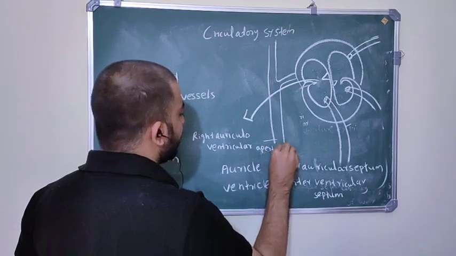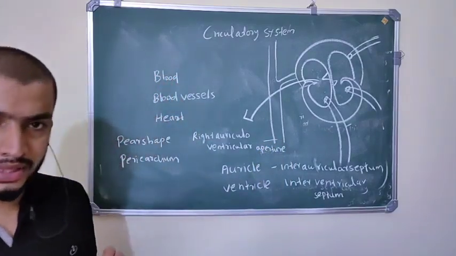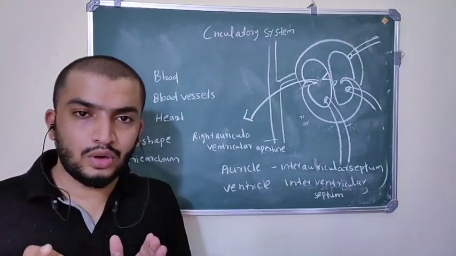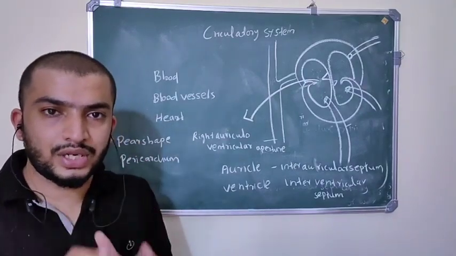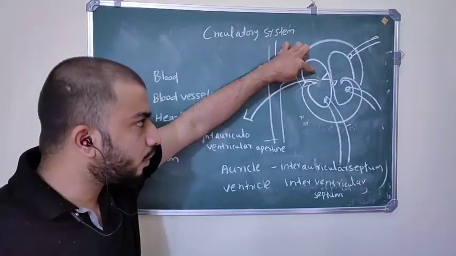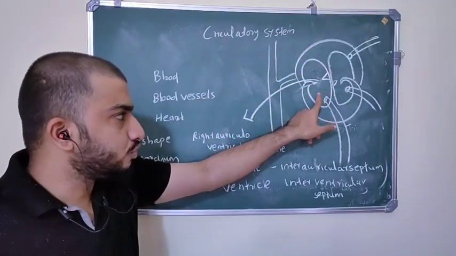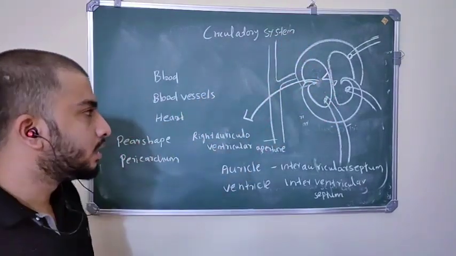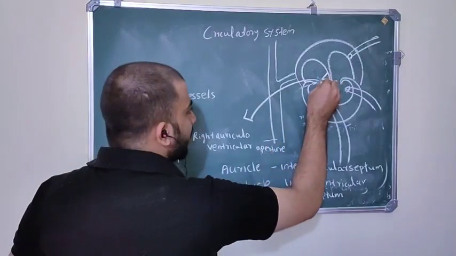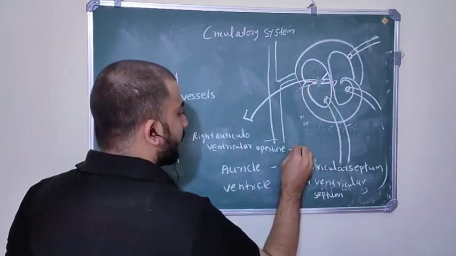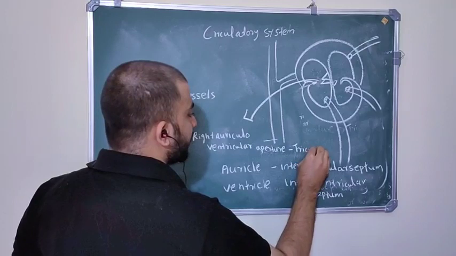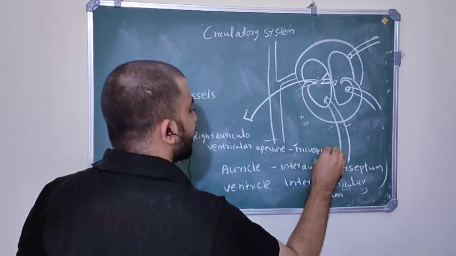It means the aperture present between the right auricle and right ventricle. This one. This aperture is guarded by the tricuspid valve. So the tricuspid valve is present here.